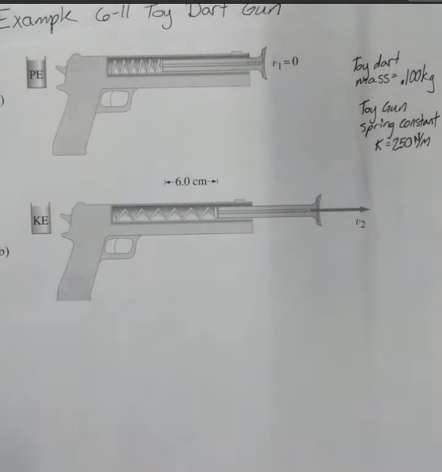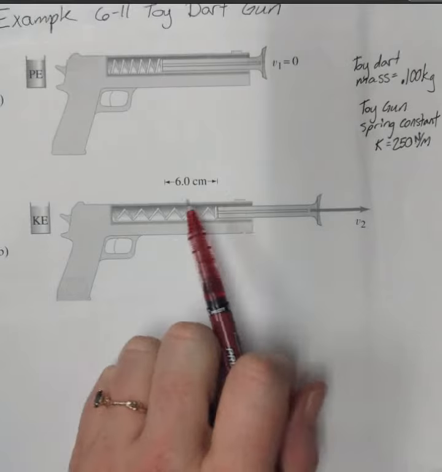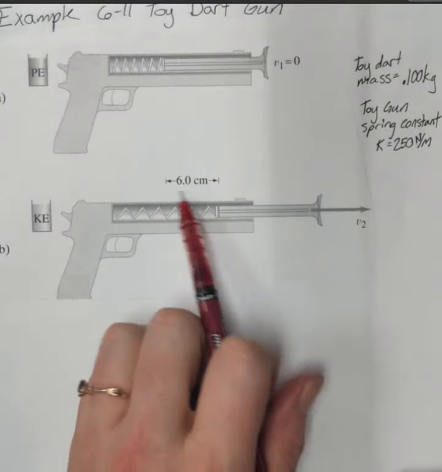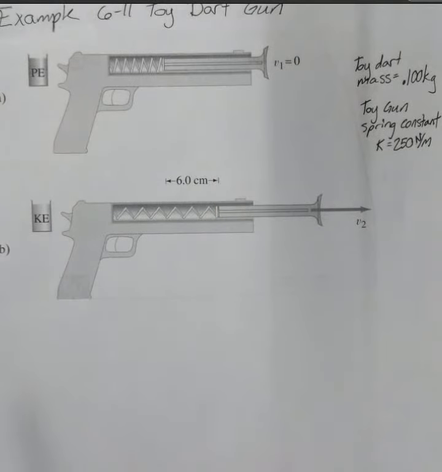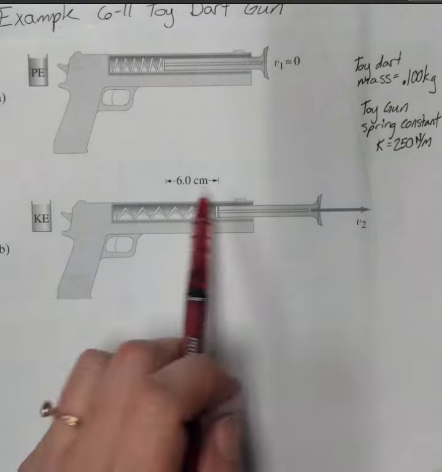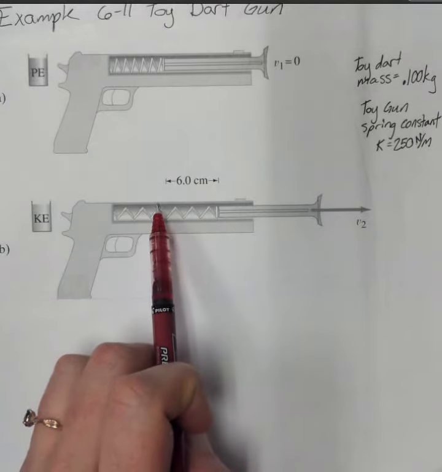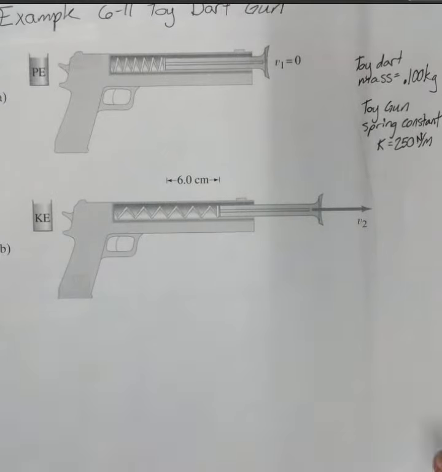If we compress this spring 6 centimeters to load the dart, and then shoot the gun and the spring returns to its relaxed length, then we should be able to figure out what the speed of the dart is the moment it's ready to leave the gun.